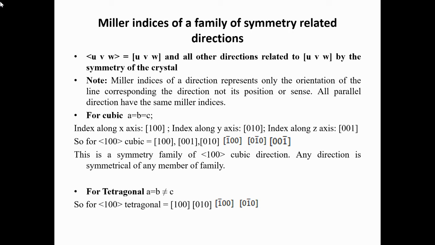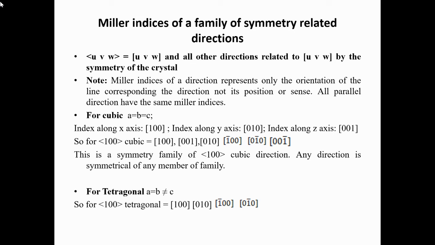So for the whole cubic, the directions are: along the x-axis 1, 0, 0 and along the negative x-axis 1 bar 0, 0; along the y-axis 0, 1, 0 and along the negative y-axis 0, 1 bar, 0; along the z-axis 0, 0, 1 and along the negative z-axis 0, 0, 1 bar.